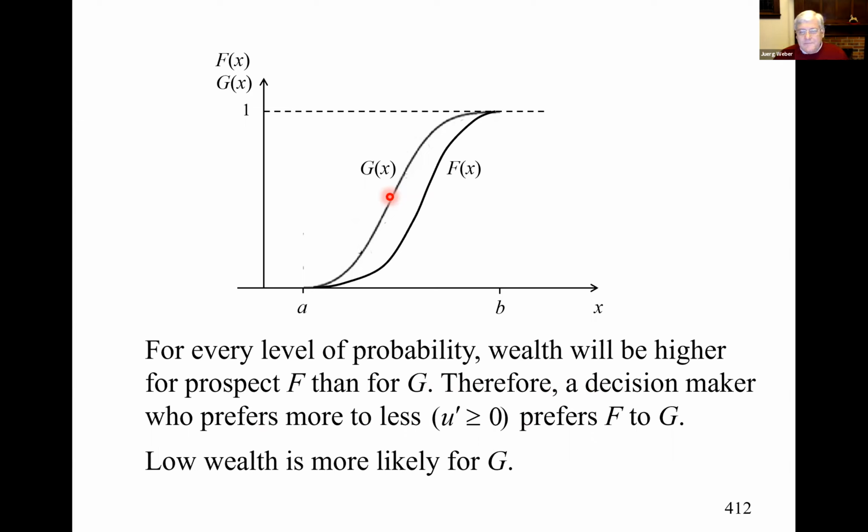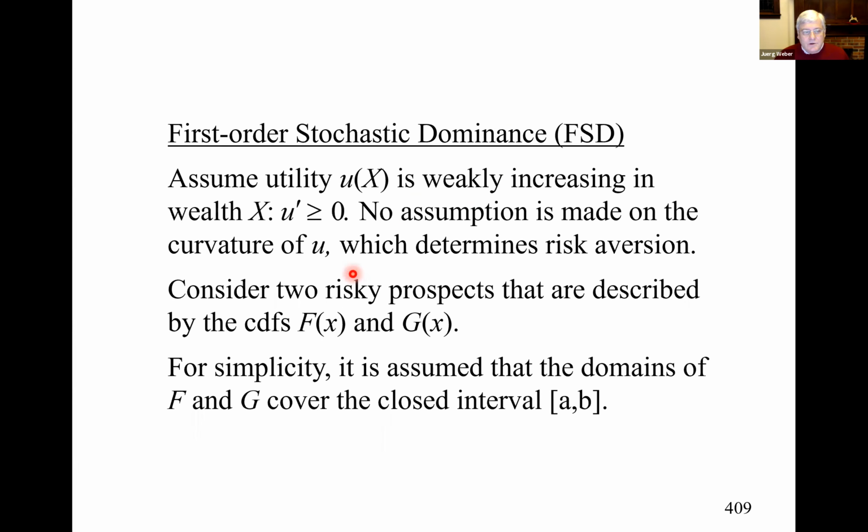Maybe again. Here we have two different types of prospects. We look at two risky prospects that are directly described by those cumulative distribution functions. Naturally, we could also show the PDFs, the probability density functions, but I work here with the CDF.